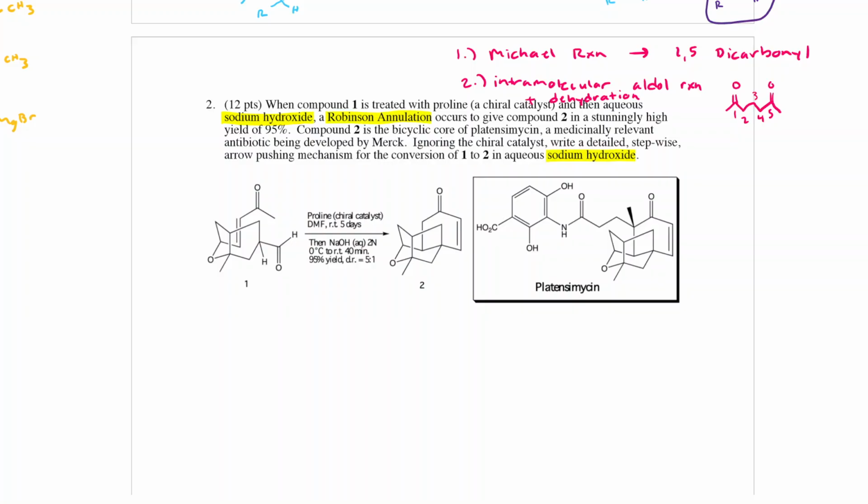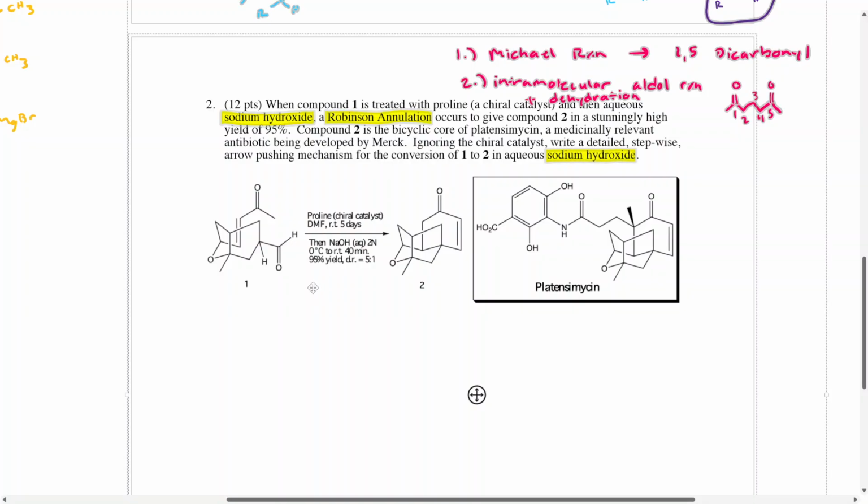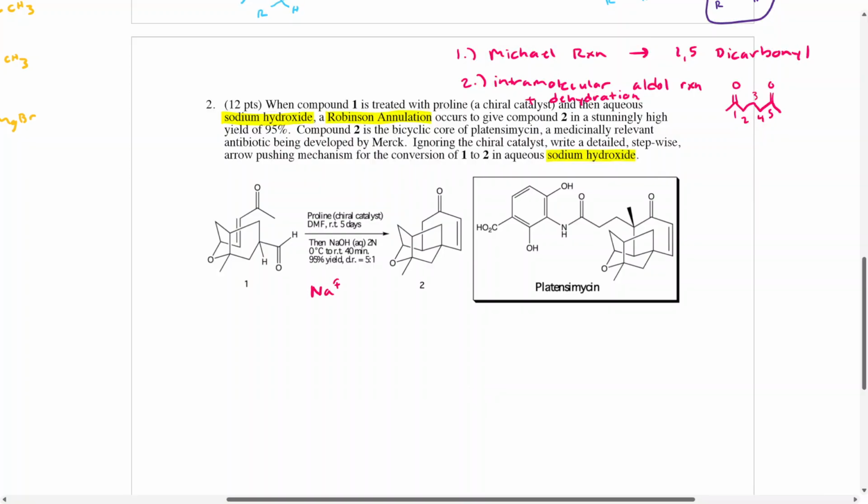So what happens is we're going to first recognize that NaOH exists as Na+ ions and hydroxide ions.